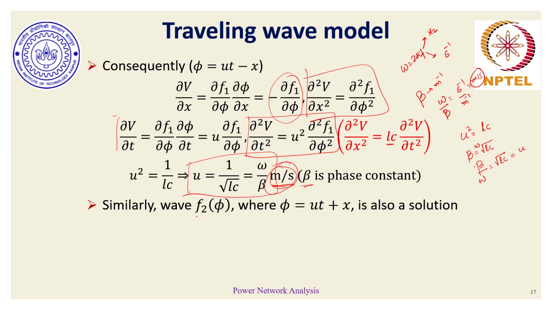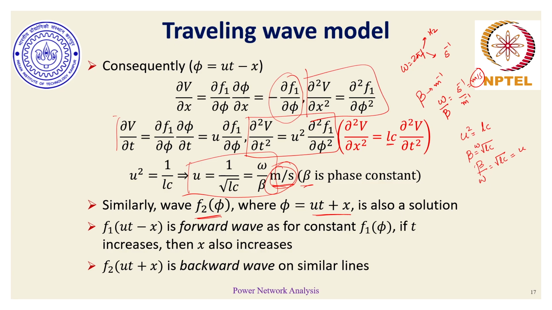Similarly, if I take the second wave F2 of phi, where phi is ut plus x, that can also serve as a solution for this closed form solution. And the beauty here is that the F1 wave is called the forward wave, whereas F2 is called the backward wave. Why? For the forward wave, F1, if t increases, then for F1 of phi to remain constant, the corresponding x should also increase, so that overall phi remains constant.